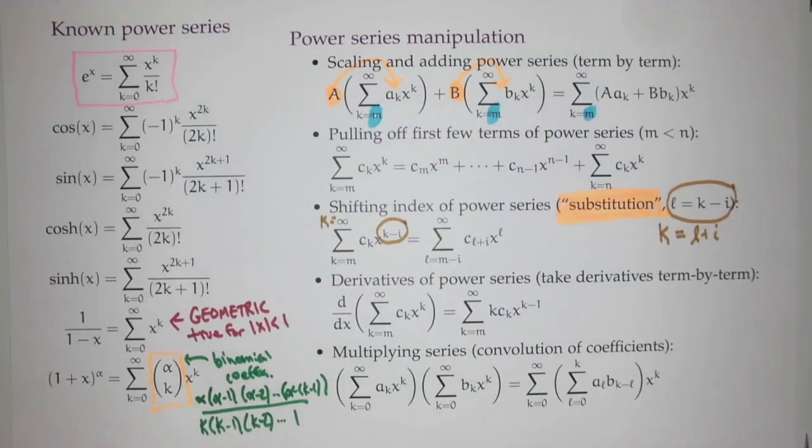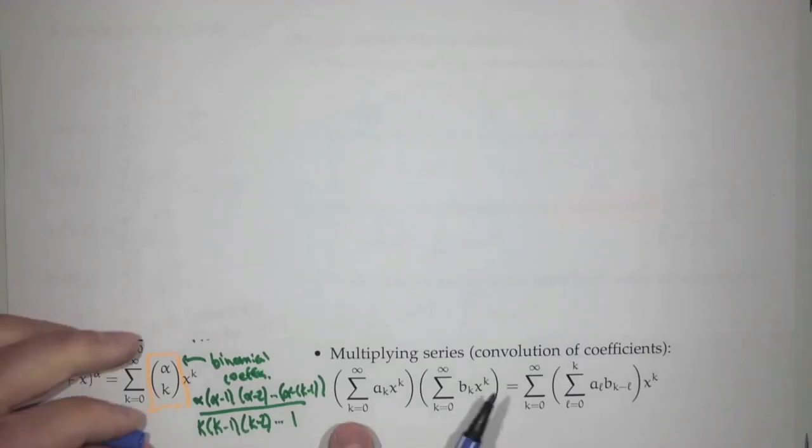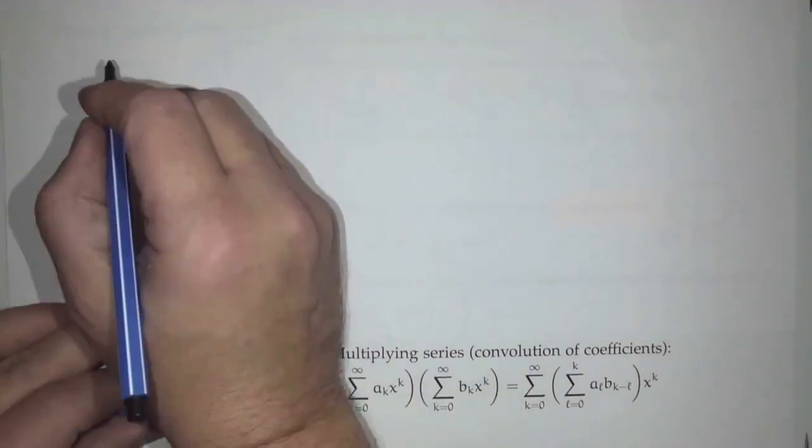All right. The last thing, which hopefully we won't have to do too often, is multiplying series together. Suppose you have one series and you want to multiply it by another series, what's the result? Keep in mind, this is really shorthand notation.